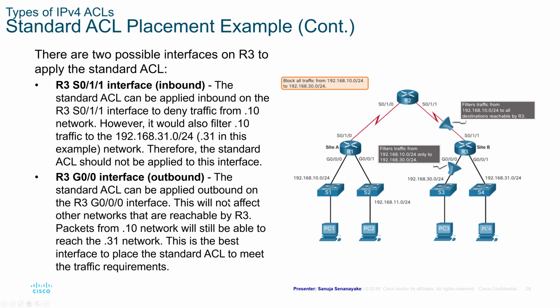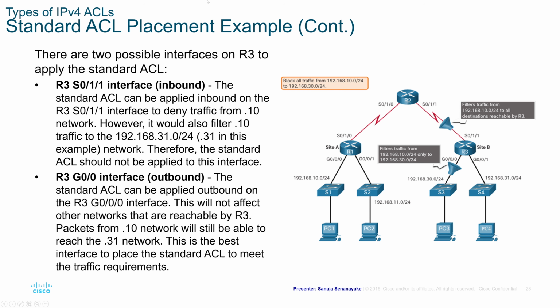So this will not affect the other networks that are reachable by R3, because now this network won't be impacted, because it is applied only to this interface. So the packet from the .10 network will still be able to reach the .31 network, and this is the best interface to place the standard ACL to meet the traffic requirement.